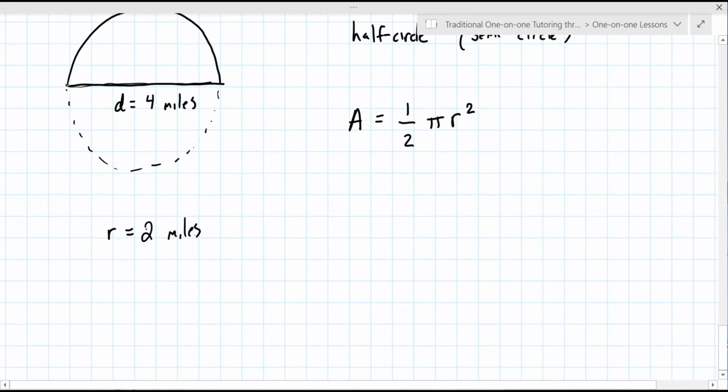Now, tell me the area. The area is 1/2 pi r squared. So now you have the radius. See if you can come up with that.